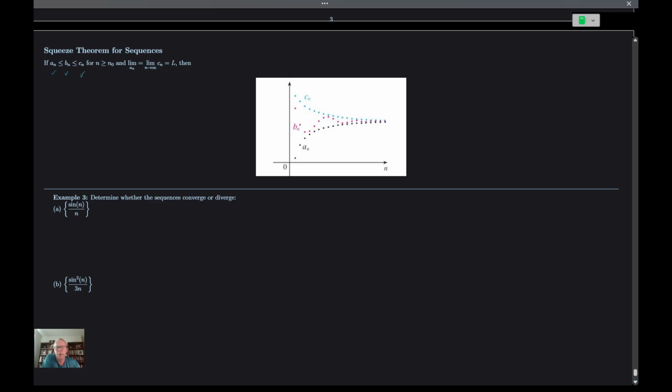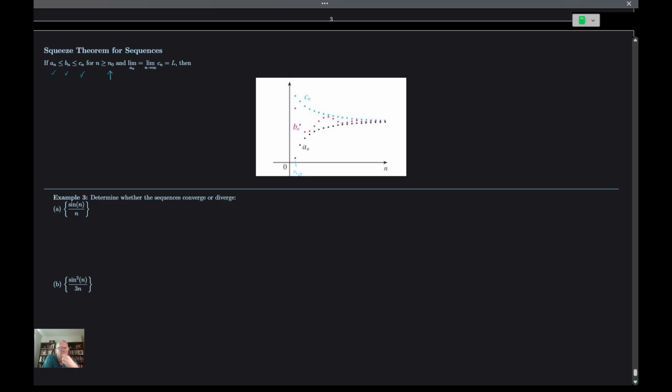So these are all sequences. Now, after we get past a certain point, n naught, which is just some number, every term of A is less than or equal to every term of B, which is less than or equal to every term of C.